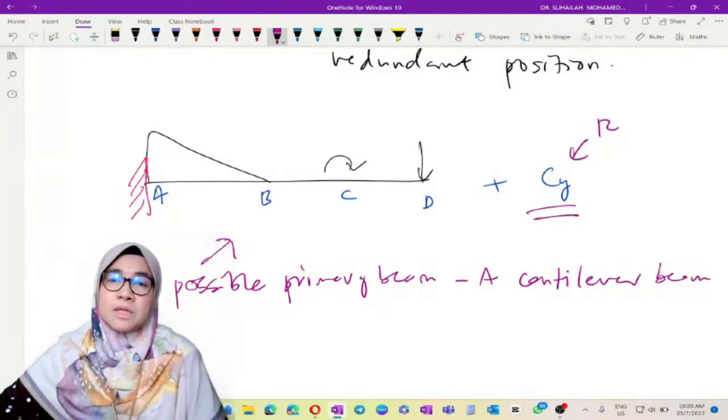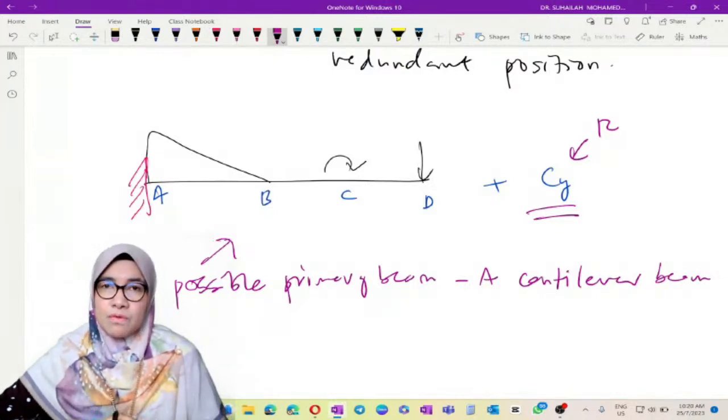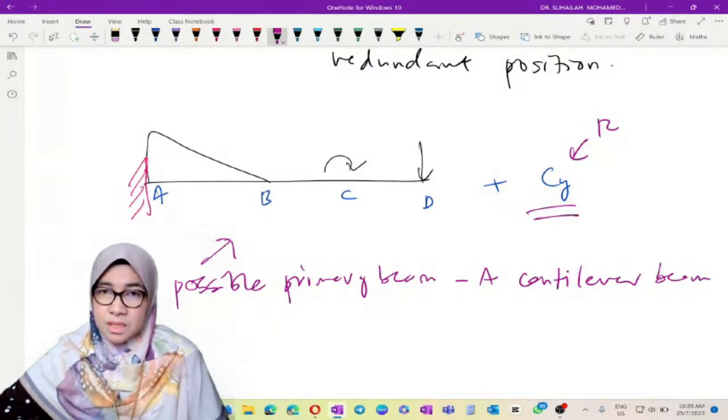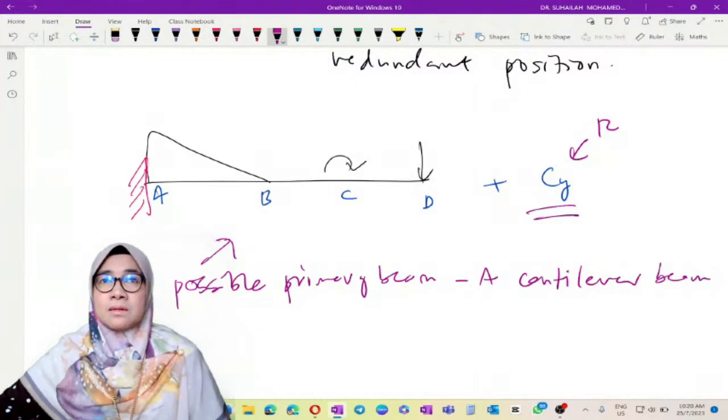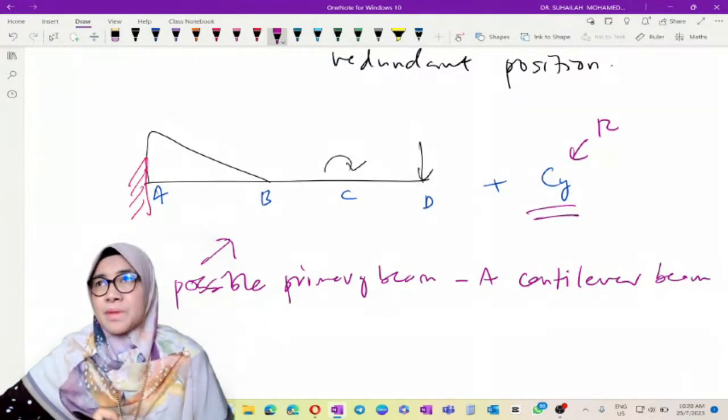We will have possibility number two, because whenever we want to solve the redundant, we analyze a determinate beam. Remember, we have the cantilever beam, and another type of determinate beam called the simply supported beam.